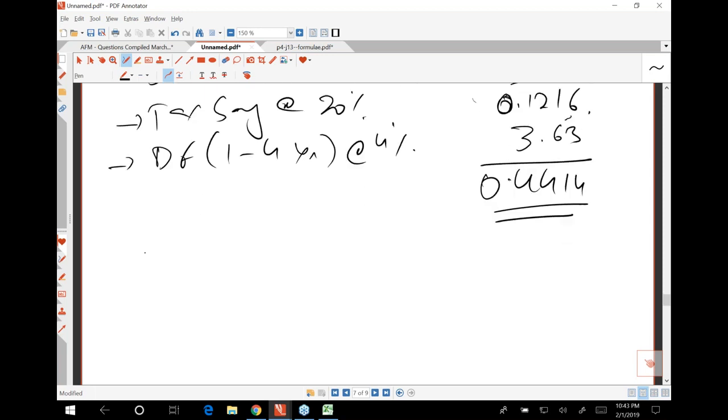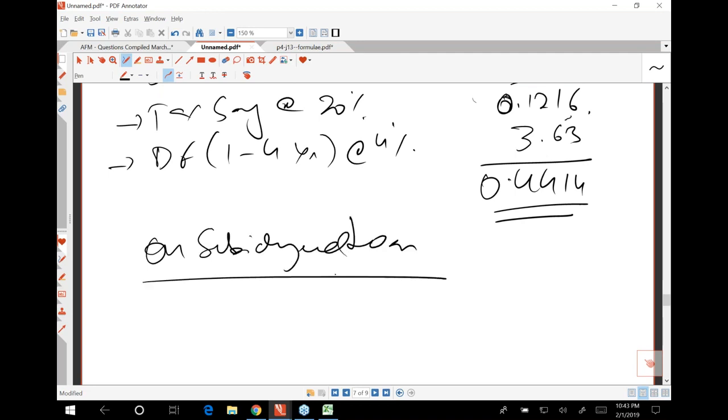Now, similarly, on the subsidized loan, it's 38 million multiplied by 60% multiplied by 1.5%. How much is it?